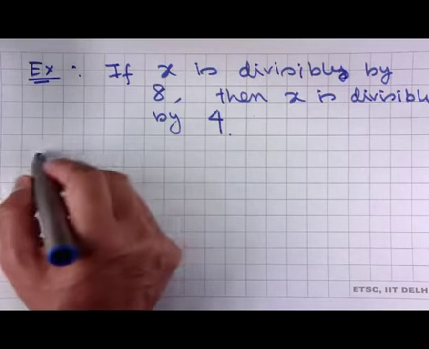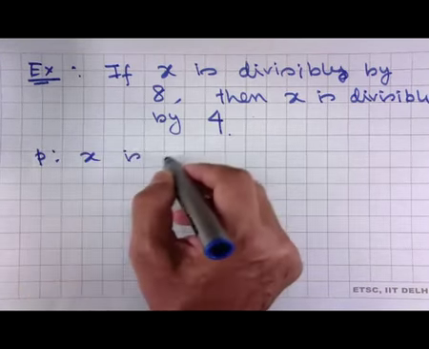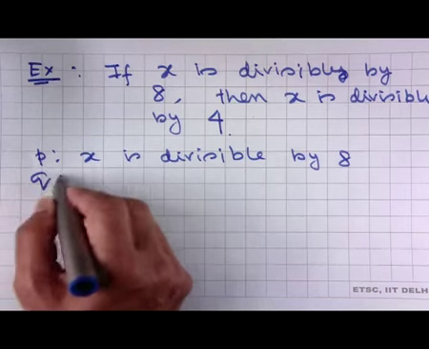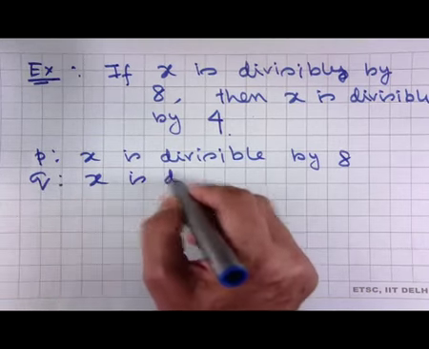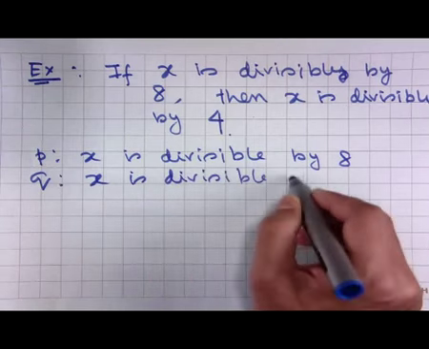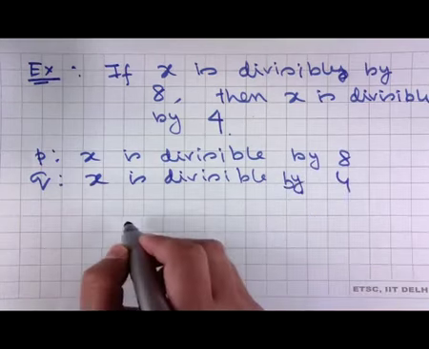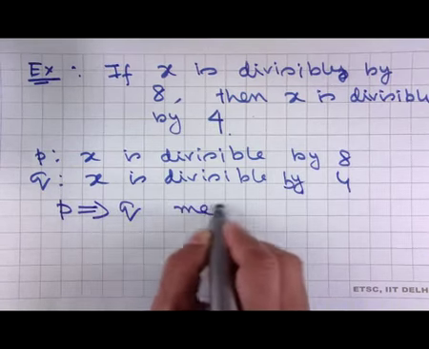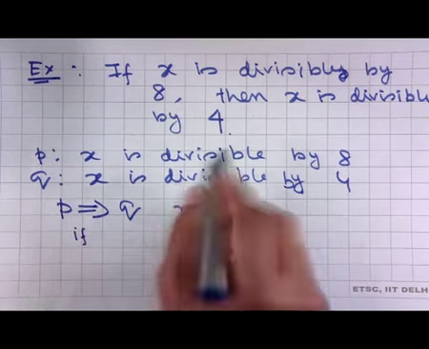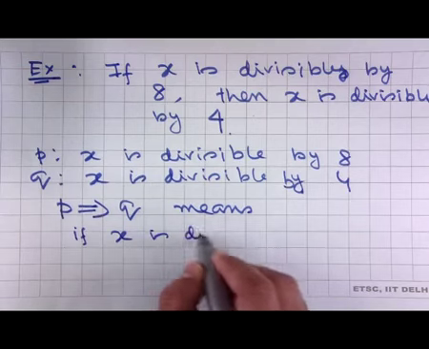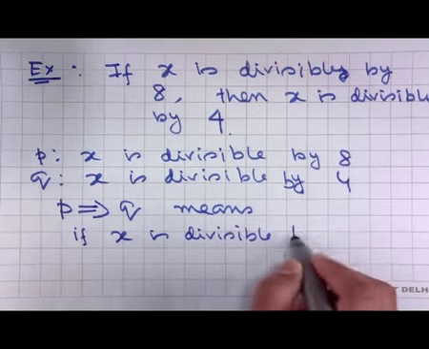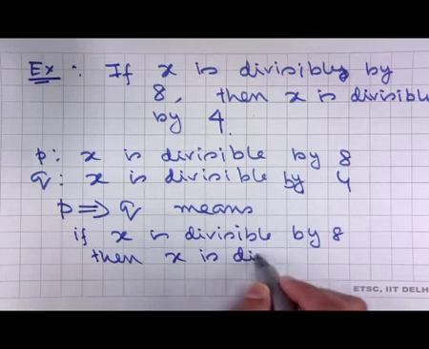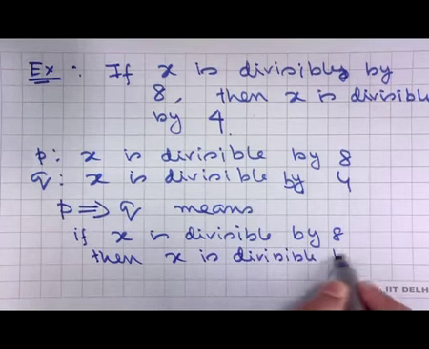Or in other words, if P is the statement x is divisible by 8, Q is the statement x is divisible by 4, then P implies Q essentially means if x is divisible by 8, then x is divisible by 4.